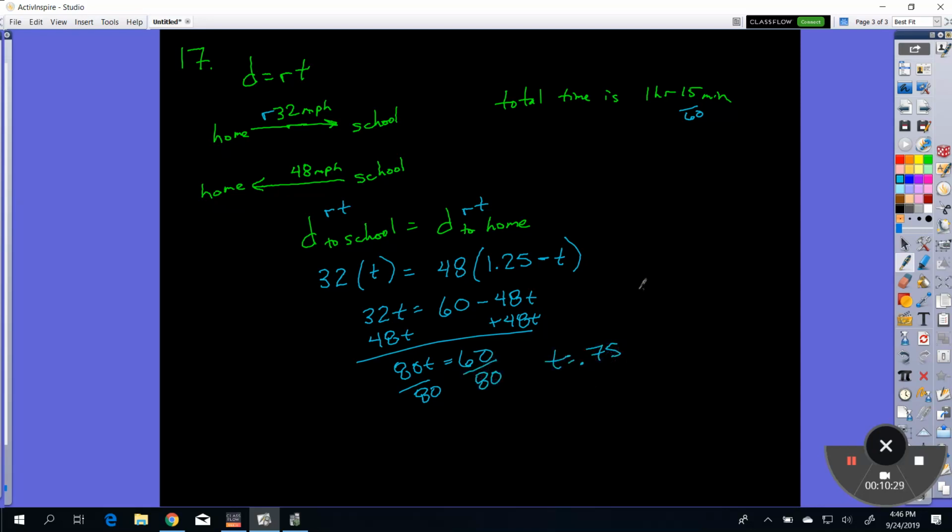So 3/4 of an hour is our time, but we are not after time, we are after distance. So I can plug that into either one of these because that'll give me distance. So I can go 32 times 0.75, and if I do that on my calculator, or however you want to think of it, 32 times 3/4 is 24 miles. This was miles per hour, this was hours. Your hours cancel off and leave you with miles.